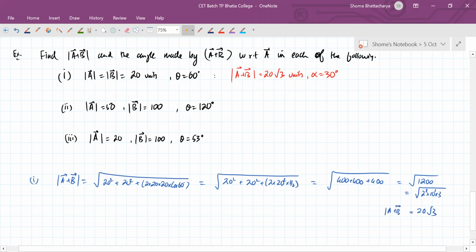So this is your magnitude of a plus b in the first part. And tan alpha is b sine theta upon a plus b cos theta.